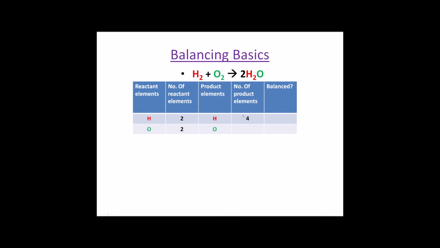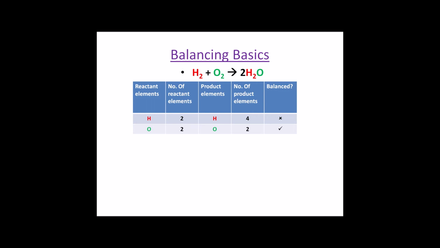So we've got 2 on our reactant side now, 4 on our product side, so it's not balanced. Look at our oxygens. We've now got 2 times the 1 that we originally had, which is 2. So the oxygens are now balanced, but the hydrogens aren't. So it seems that we've made no progress, except we have. Okay, so we've balanced our oxygens.